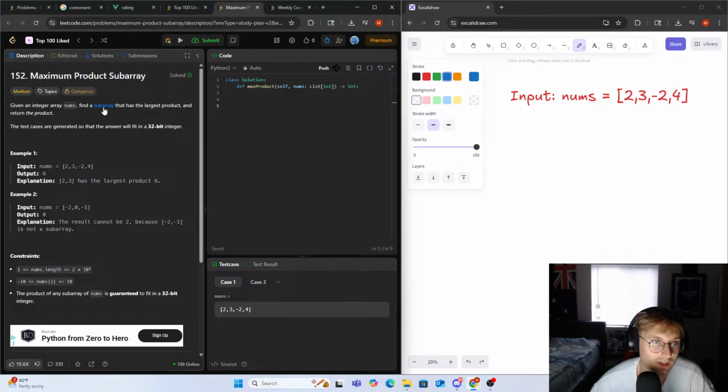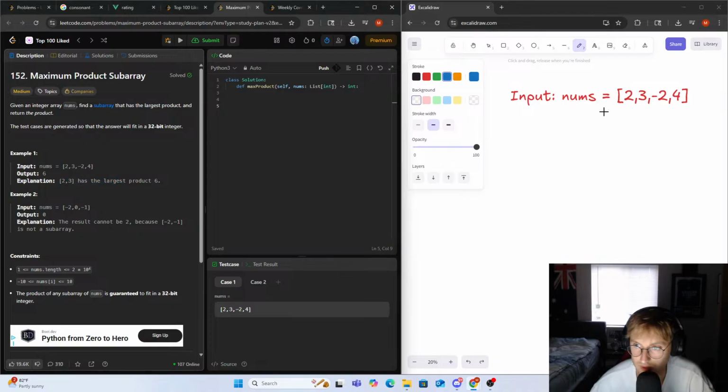So a subarray is a continuous non-empty sequence of elements within an array, right? So pretty much what we want to do is look at our maximum product.